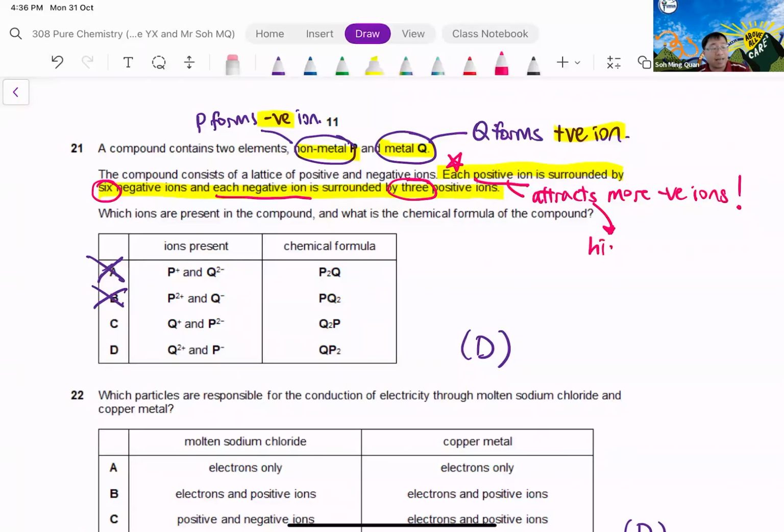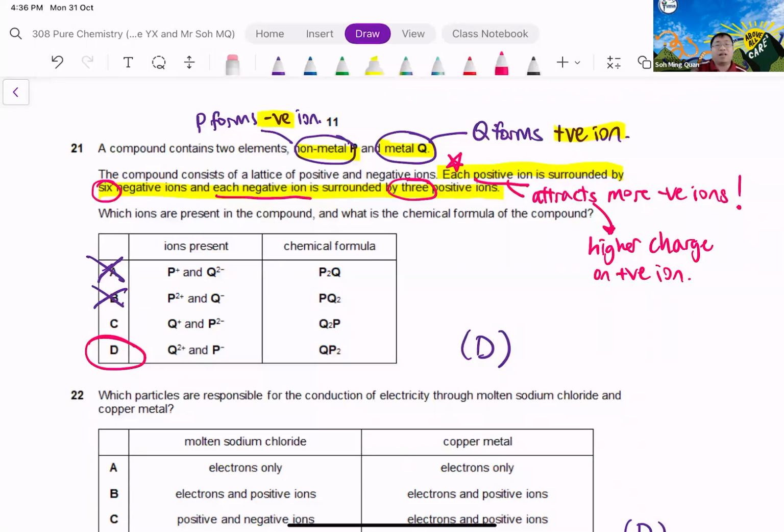Because of higher charge. That means the positive ion has a higher charge. The plus must be a bigger charge, which gives us D. The positive ion must have a higher charge than the negative ion.